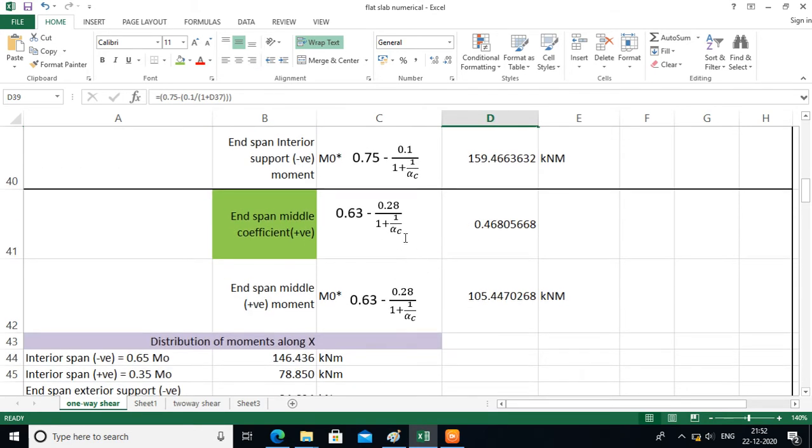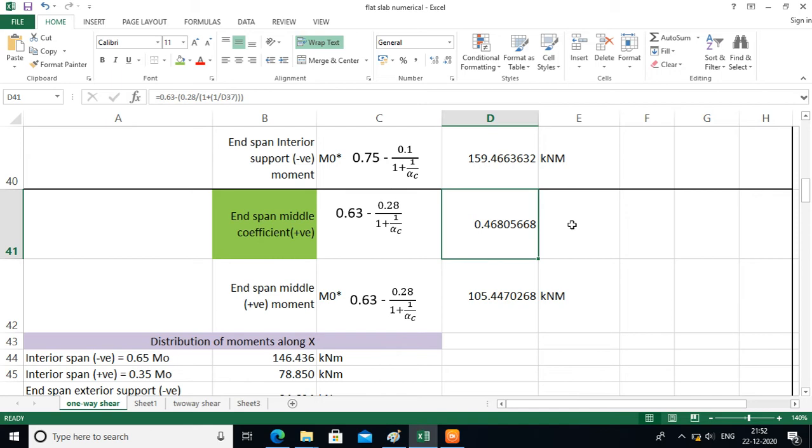And if we put that value of alpha C in this expression, in this formula for the coefficient, we get the coefficient value as 0.468.